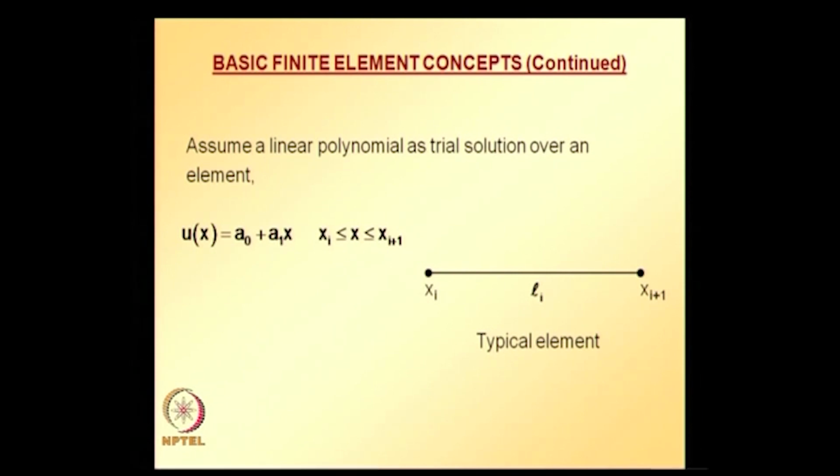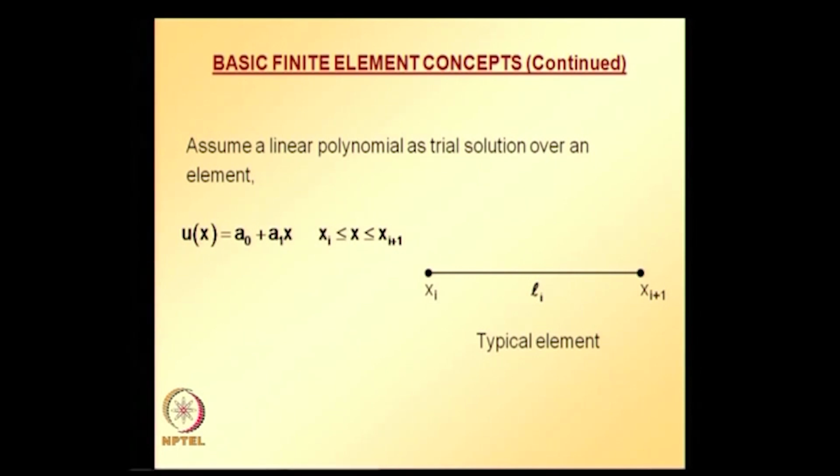If the unknown solution at node i is denoted using ui and the unknown solution at node i plus 1 is denoted using ui plus 1, you can get 2 equations from the assumed linear polynomial trial solution, that is, the u value at x equal to xi is ui, and the u value at x equal to xi plus 1 is ui plus 1.